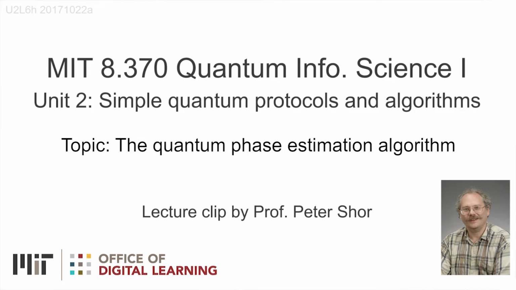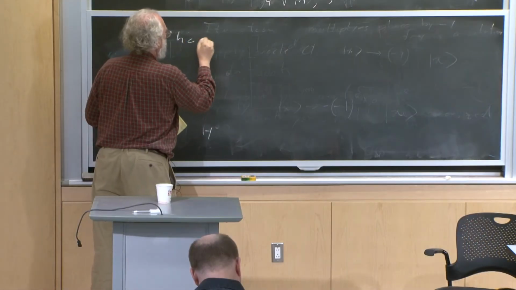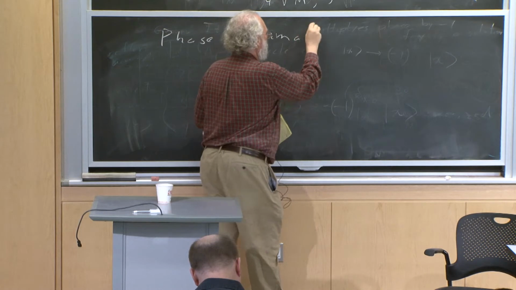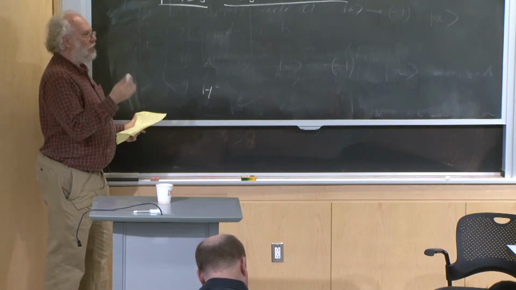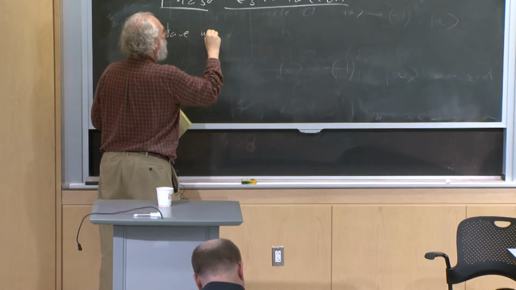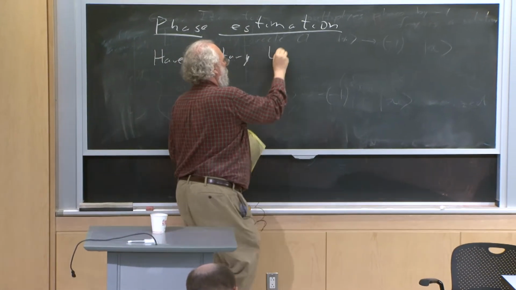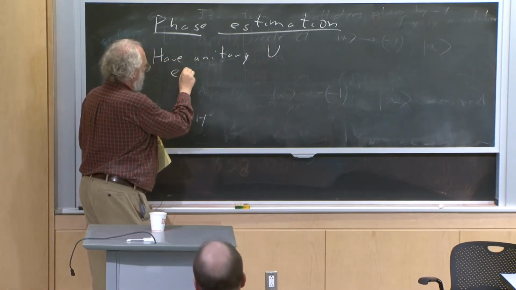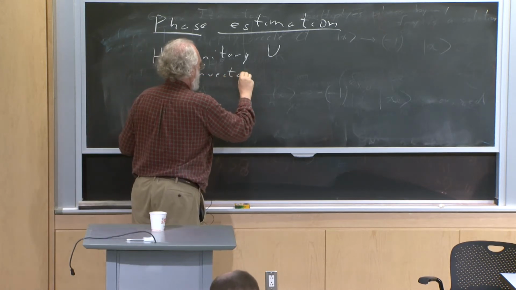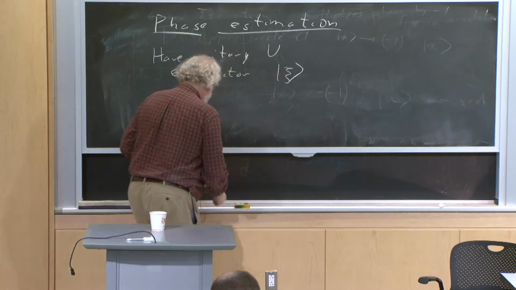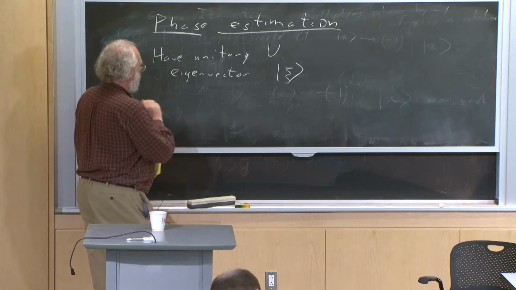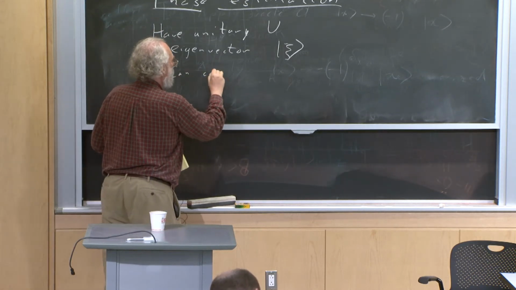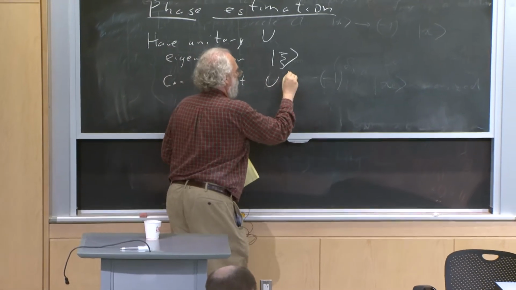So now I want to go back and explain another application of the quantum Fourier transform. This is called phase estimation. Suppose you have a unitary U and an eigenvector psi, and you can compute U to the k easily.